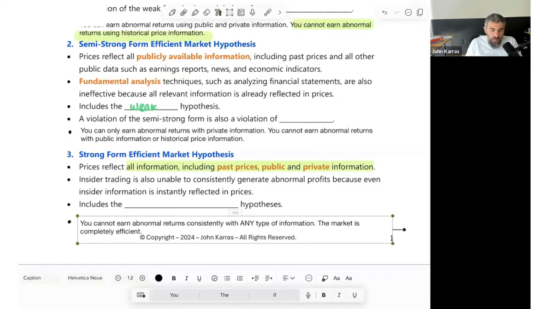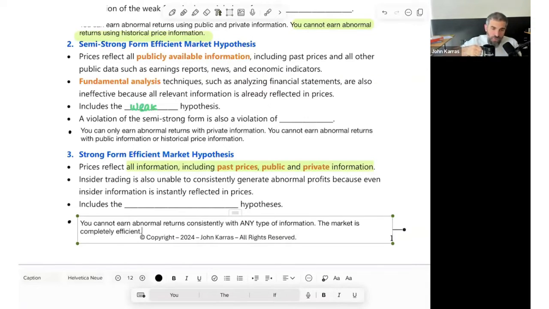That's it. So anybody who believes in that, we'd say that they believe the market is strong form, or they believe in the strong form efficient market hypothesis. So this one too includes the previous ones because it agrees with weak form that historical information gives you no advantage. It agrees with semi-strong that public information also gives you no advantage, and it takes it a step further that private information, guys, is information that exists but is not legally available to the public.